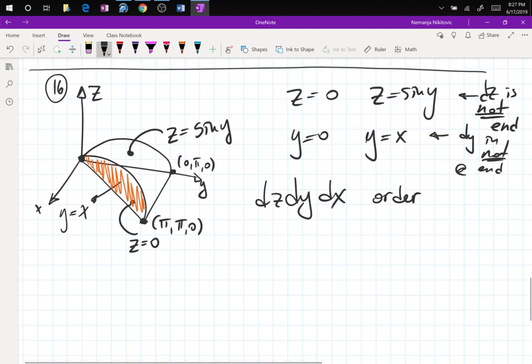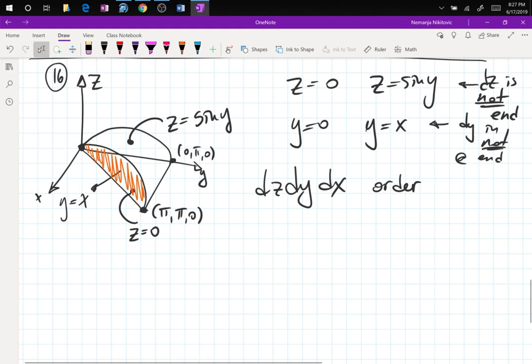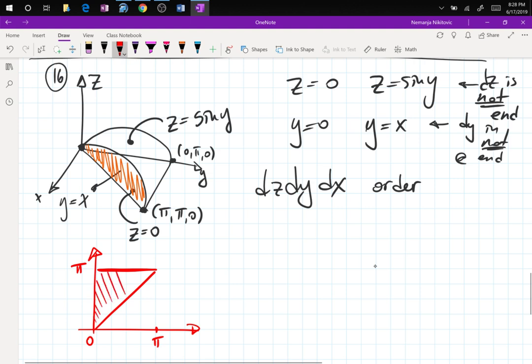So now I am going to draw the domain. y equals x, and as you can see, it is connecting into the y-axis, and it's connecting at pi. This is pi. This is 0. And this over here is my domain.